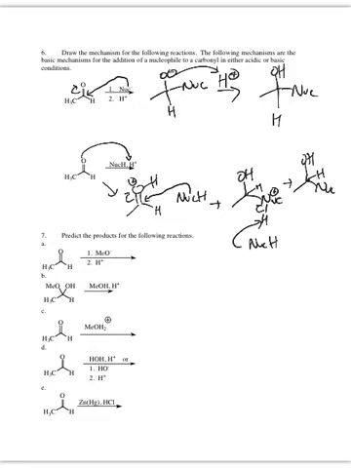This can continue on, and we can end up replacing the other oxygen with that, and we will draw that again in a little bit, but right now we're just starting with the basics.